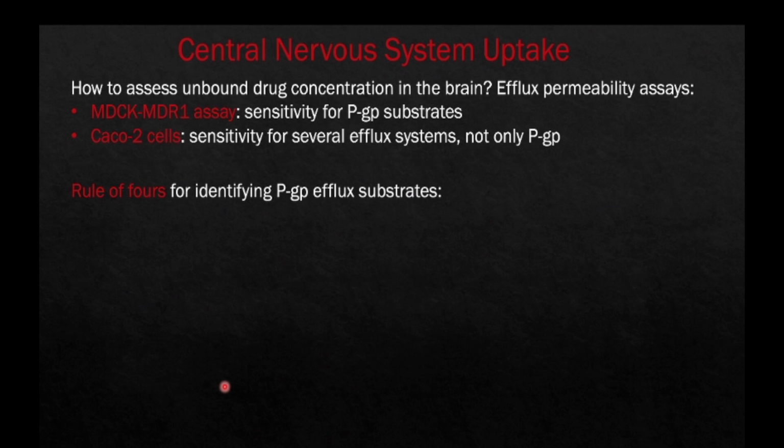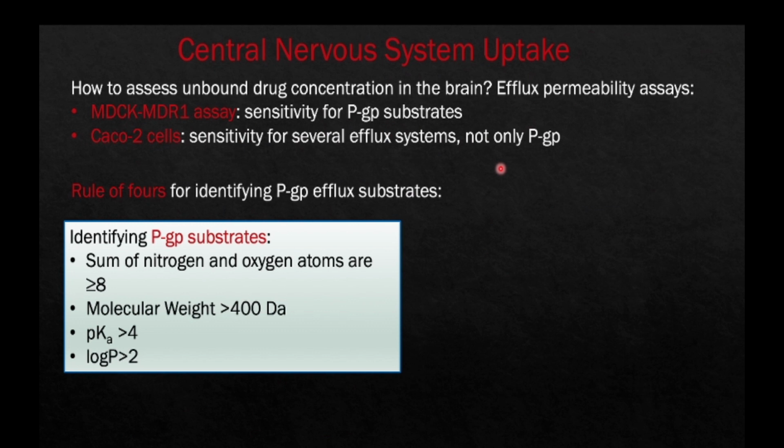So how do we assess the unbound drug concentration in the brain? We can use efflux permeability assays. The MDCK MDR1 assay looks at the sensitivity for P-glycoprotein substrates, whilst there's another assay that we can use which uses Caco-2 cells. This looks at the sensitivity for several efflux systems, not only P-glycoprotein. Now there's a rule of four for identifying P-glycoprotein efflux substrates. First, we can identify P-glycoprotein substrates.